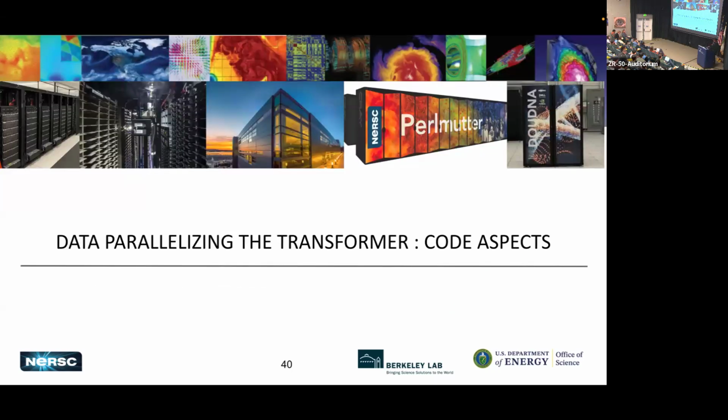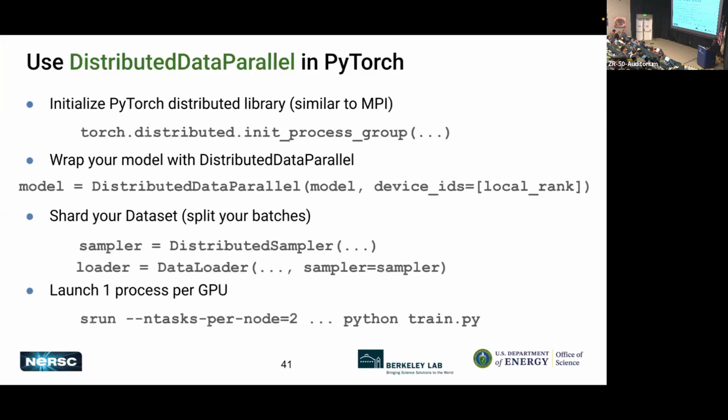Okay, so that was how it works. In terms of the code, it's very simple. If you're using PyTorch, it's just 4 changes that you have to make to your code. You have to initialize the PyTorch distributed library using torch.distributed.init_process_group. That works very similar to MPI if you're familiar with MPI. So you basically tell Torch that you have X number of GPUs and initialize your communicator group.